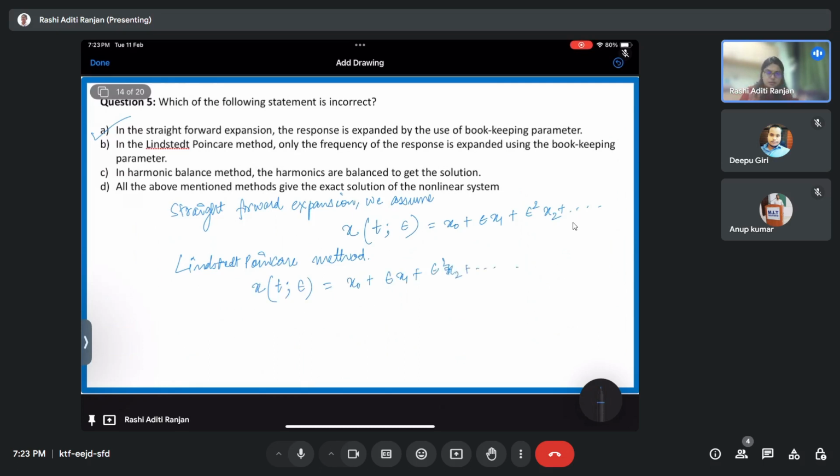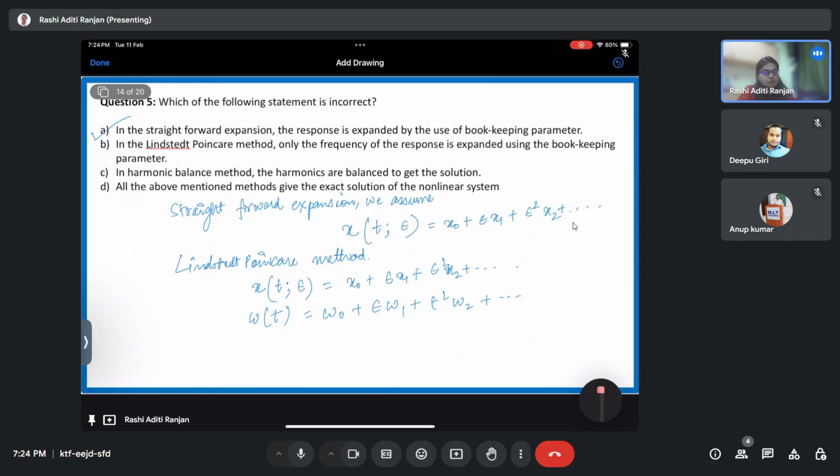This is constant, but along with the concept of straightforward expansion, since in case of straightforward expansion we had the problem of having many secular terms, we tried having another method by which we can actually reduce the effect of that. We assumed that my omega is also written in terms of an infinite series, and then we use both these expressions to find the approximate solution.